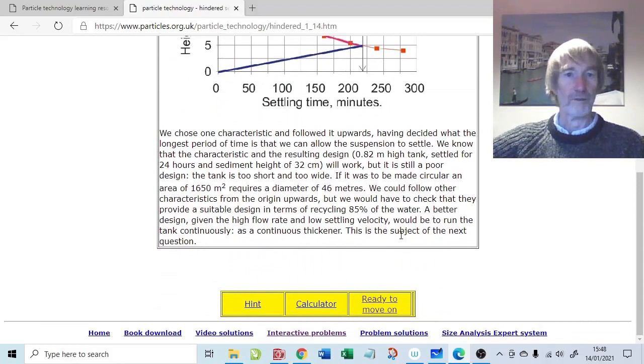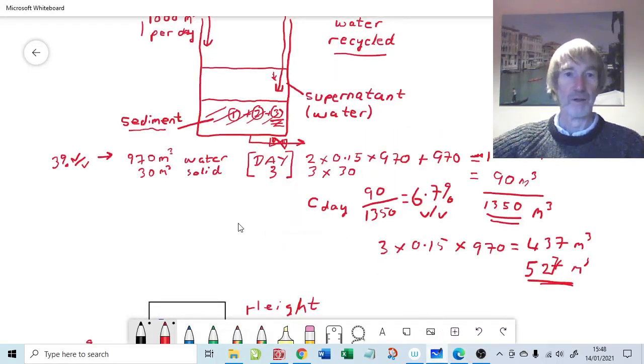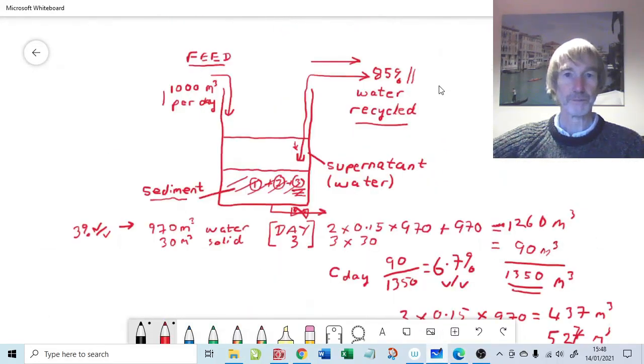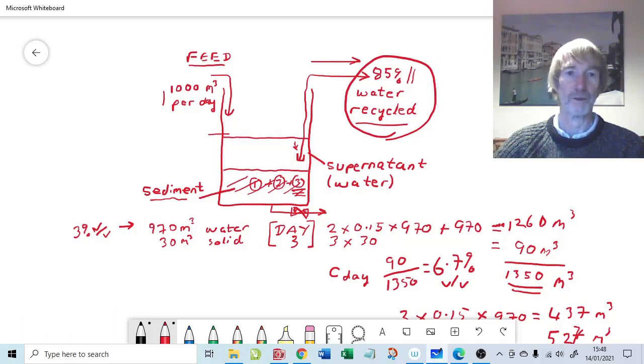So we have to have an alternative strategy, and that alternative strategy would not be a batch settling tank as was drawn here, but a continuous thickener where we're continually taking the liquid out, because in order to fulfill our design requirement of 85% of the water recycled, the maximum height that the tank is filled to would be 0.82 meters.